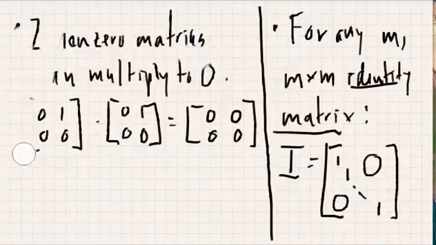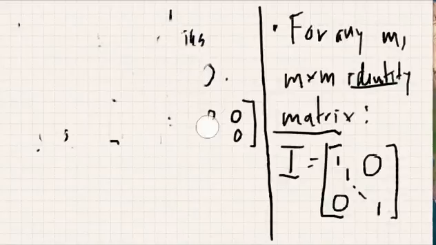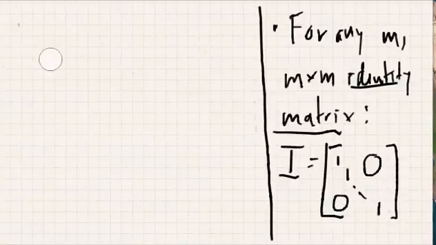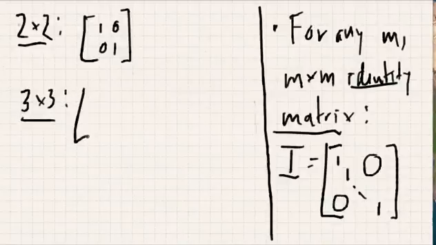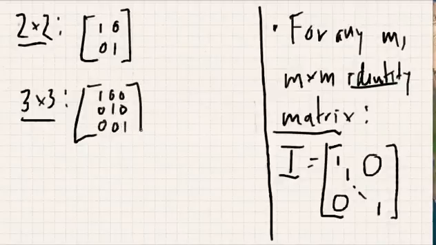So what do I mean by this? Well, we have the 2 by 2 identity matrix, which looks like 1, 0, 0, 1. We've got the 3 by 3 identity matrix, which looks like 1, 0, 0, 0, 1, 0, 0, 0, 1, and so on.